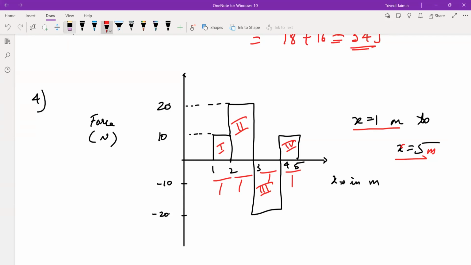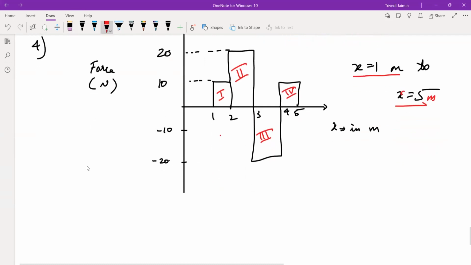Don't make a mistake in reading the graph. So 10 into 1, 20 into 1, again minus 20 into 1. This 20 and this 20 will get cancelled. So we have a total of 20.